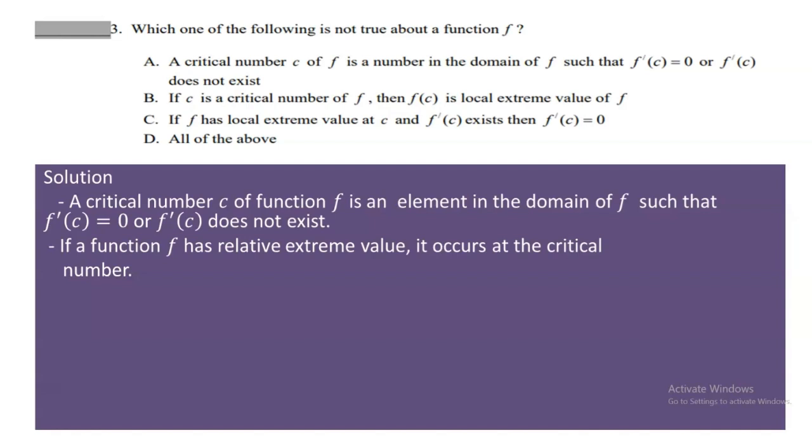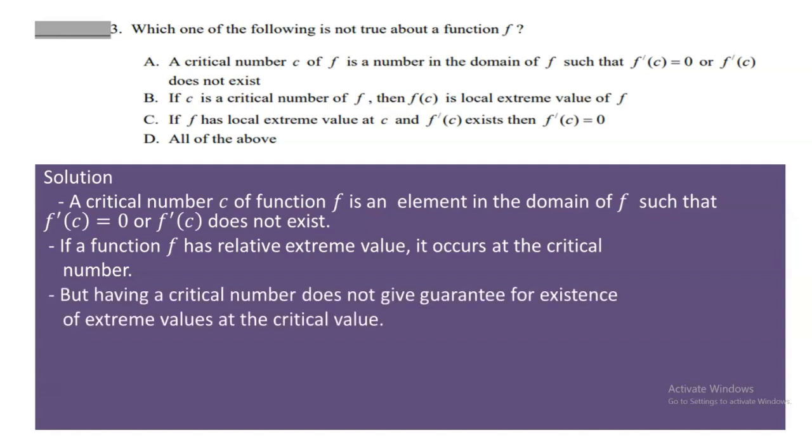But it doesn't mean that there always exist extreme values at the critical number. Having a critical number doesn't guarantee the existence of an extreme value there. So B says if c is a critical number of f, then f of c is a local extreme value. No. There are cases where you don't have this kind of condition.